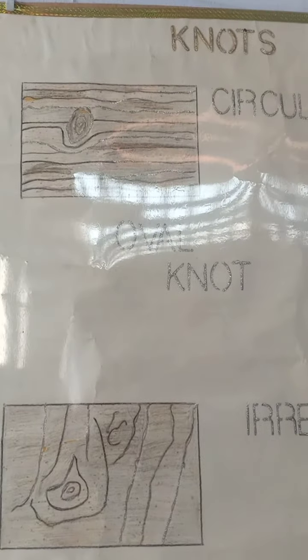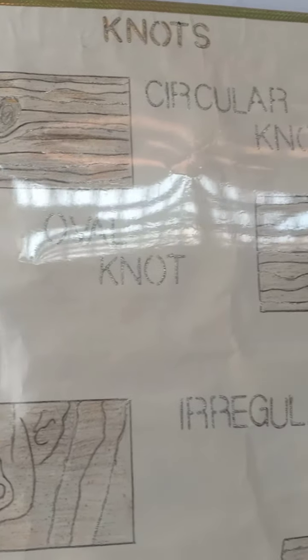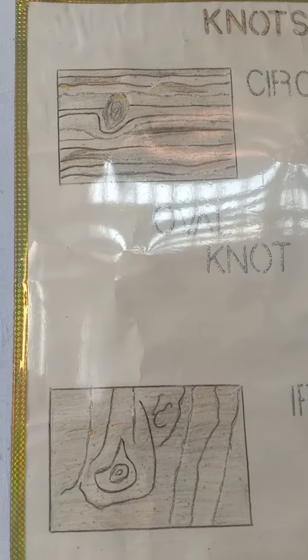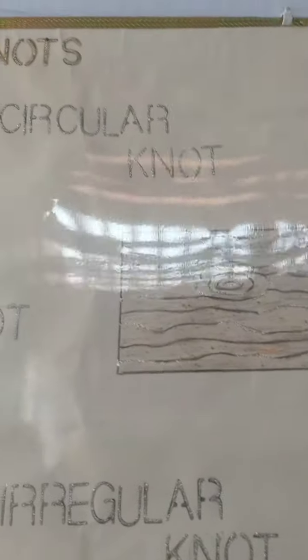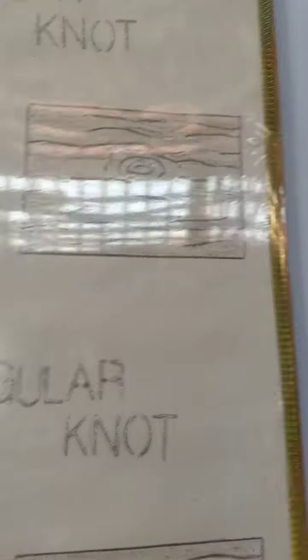So here is the example of knots which can appear, and depending upon their shape it can be categorized into oval knot, circular knot, or line knot, irregular knot.